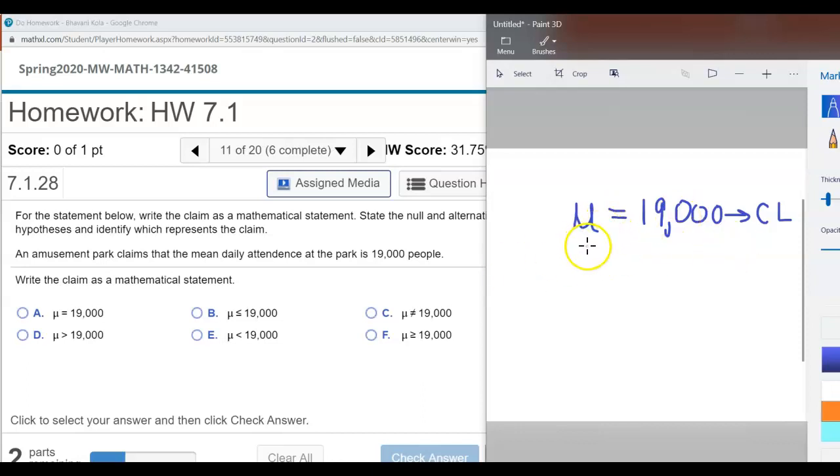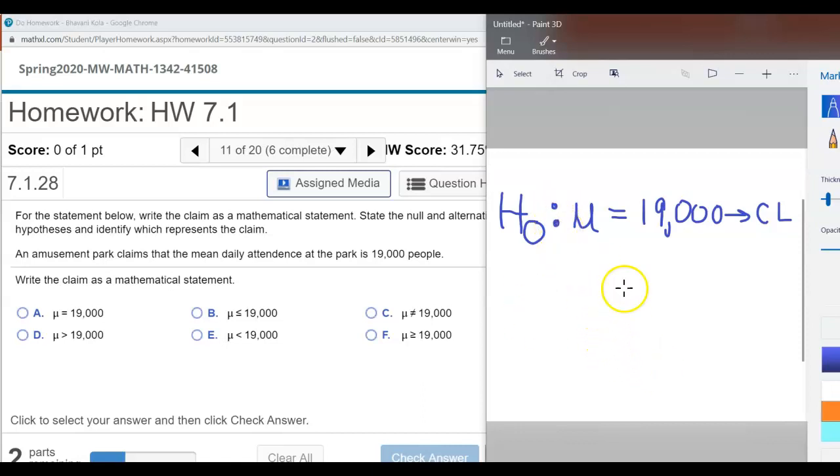Once you have that, you know what your claim is. Your next step is to see if your claim is null or alternative. Is my claim null or alternative? It has an equal to sign. So what do you think it is? When it has an equal to sign, blindly, it's my null hypothesis. Do you see that?